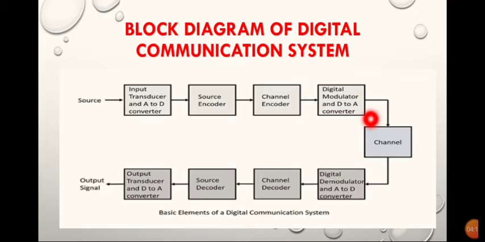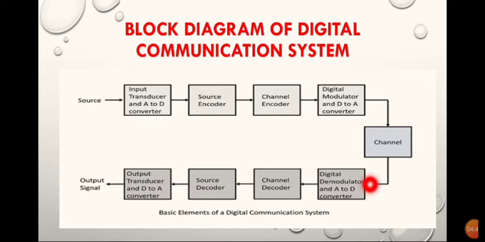That media can carry the signal which is available in analog form. So we are going to convert this digital information into analog by using the D2A converter, which is itself in the digital modulator. So this modulated analog information can travel through this channel and arrives at the receiver.